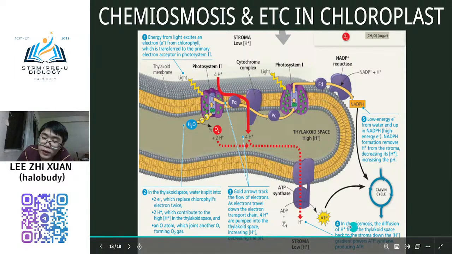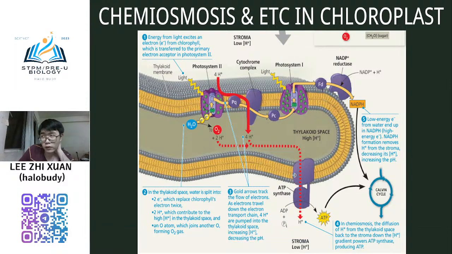So normally after that, you still remember the concept of chemiosmosis. The diffusion of hydrogen ions from the thylakoid space goes back toward the stroma down the hydrogen ion concentration gradient through the ATP synthase. So this is the same as the chemiosmosis you learned in chapter 5, aerobic respiration.